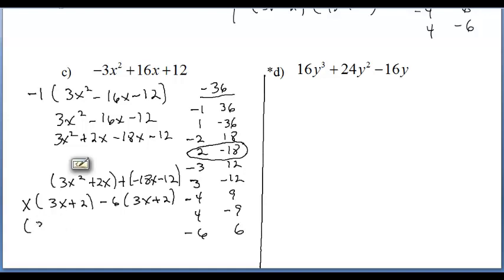So my greatest common factor would be 3x plus 2. X minus 6 would be my other factor, and that negative 1 that I factored out in the first step, I would write in front of my first parentheses as a negative 1.